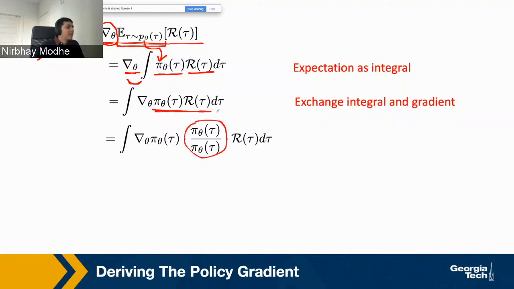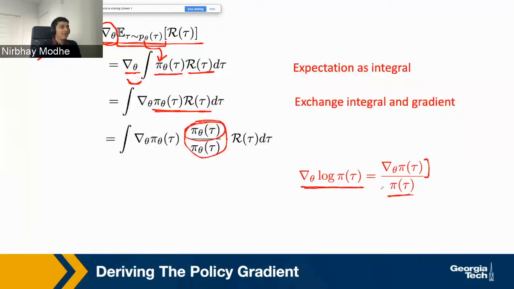Why am I going to do that? When you have pi theta in the numerator, you can replace an integration of pi theta times something with an expectation over pi theta. That's the reason I'm going to multiply and divide by pi theta. And there's another trick which is going to be used. We know that the gradient of the log of a function is 1 over that function times the gradient of that function.